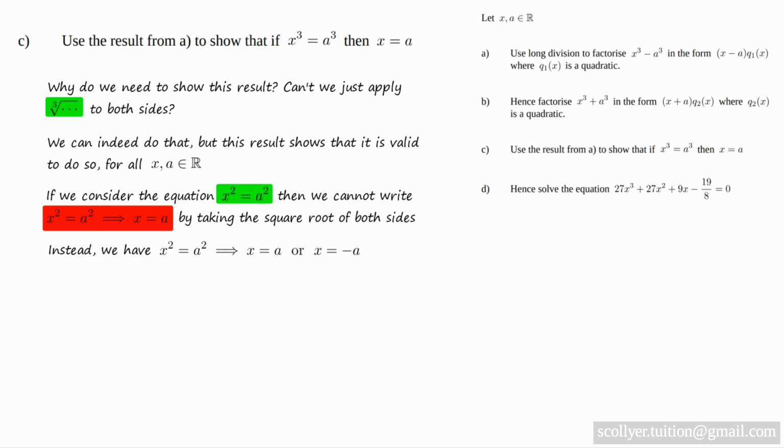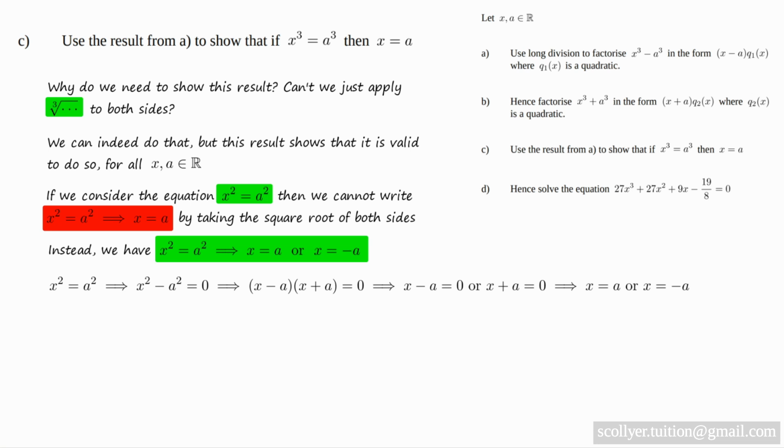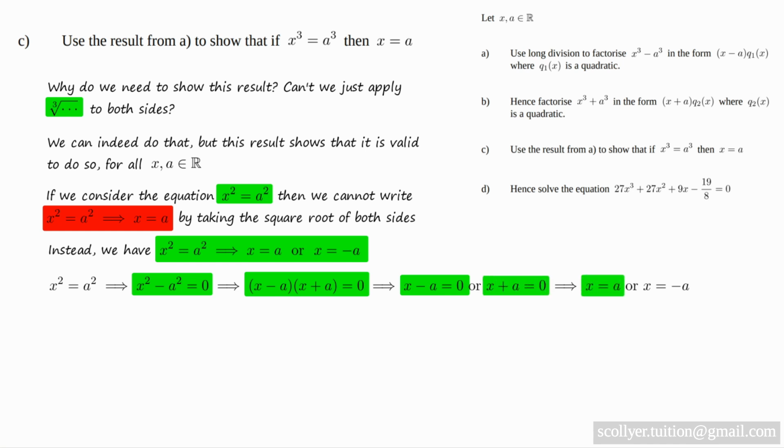In fact, in this case, we have that if x squared equals a squared, then x equals a, or x equals minus a. And we can get that result if we rewrite x squared equals a squared as x squared minus a squared equals 0. We factorise using the difference of two squares identity. We generate two separate linear equations, which we solve to find that x equals a or x equals minus a.